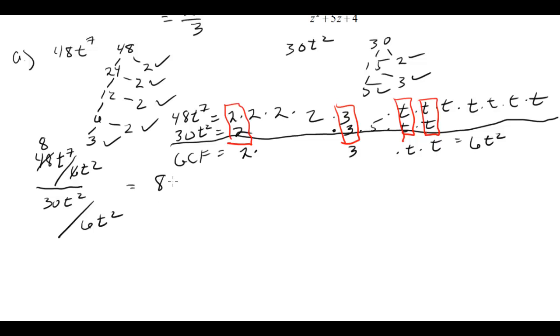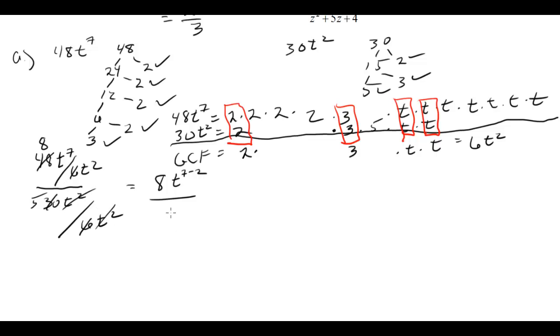And basically I get t to the 7 minus 2. Alright? And now let's do this. 6 goes into 6 once. 6 goes into 30 5 times. So, and these two are going to cancel.